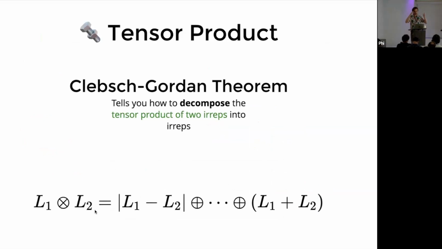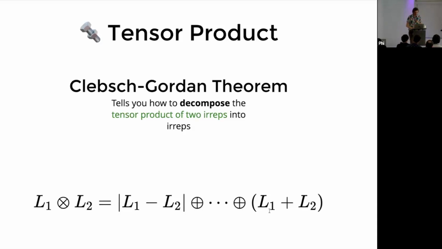You might wonder how this tensor product can be decomposed into smaller irreducible pieces, and this is the theorem. It's called the Clebsch-Gordan theorem. The solution is that you simply take L1 minus L2, the absolute value, and that gives you the L of the smallest dimensional representation you can find in this tensor product. And they all appear until L1 plus L2.